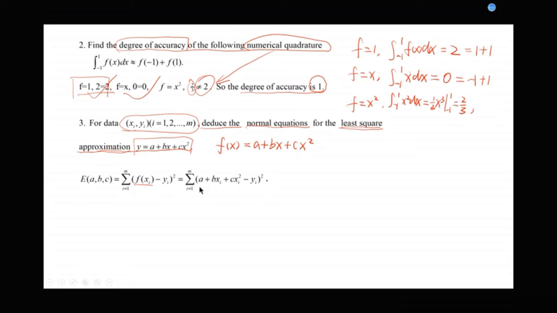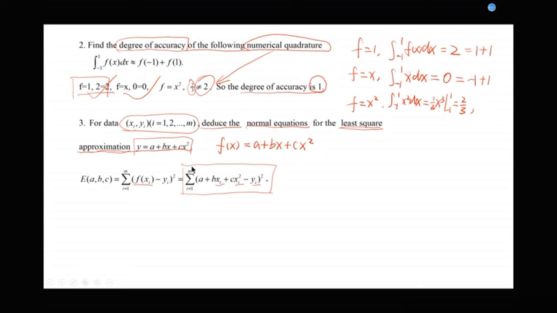This is okay because xi are given here, so we can consider this right-hand term as a new function, denoted by E, corresponding to the 3 coefficients a, b, c. Because we need to determine the 3 coefficients a, b, c, right?